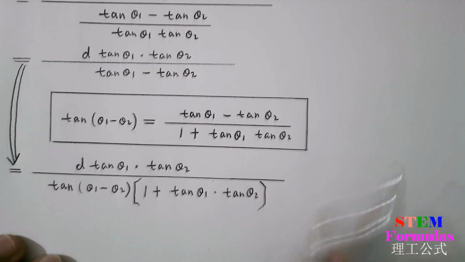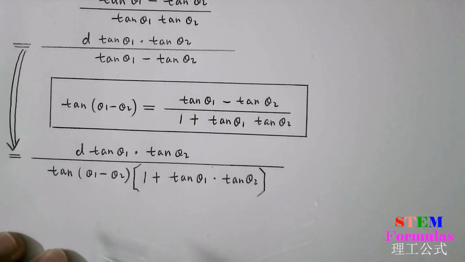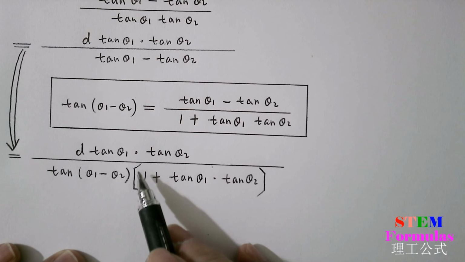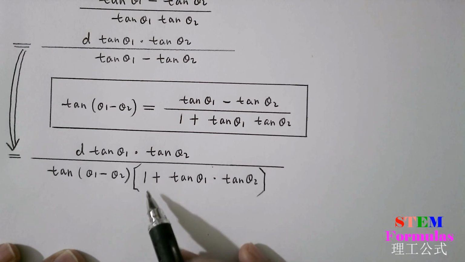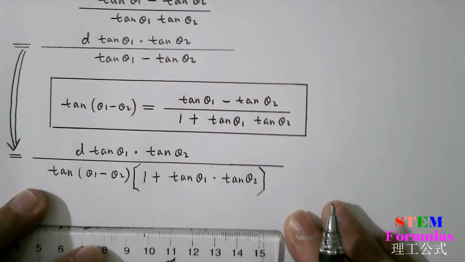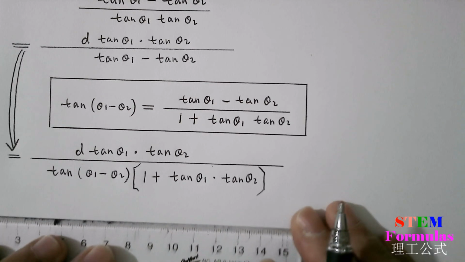The next step is I need to change everything from tangent to sine and cosine. So I write it this way.